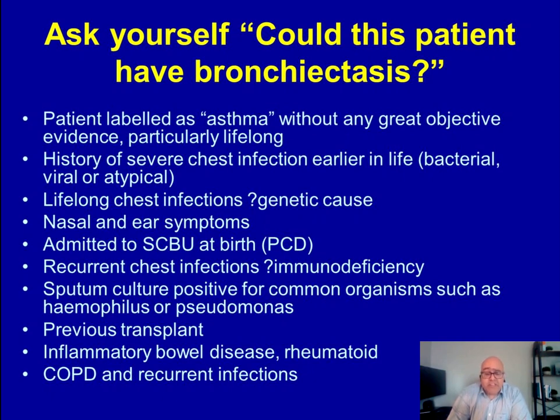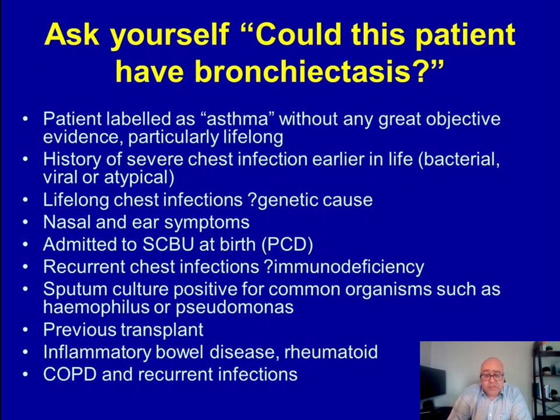We should think about bronchiectasis in any patient that's had a history of severe chest infections early in life, in patients with lifelong chest infections, in patients with nasal or ear symptoms, any patient that gives a history of respiratory distress as a neonate, being admitted to the special care baby unit, any patient with recurrent chest infections or other system infections as well, pointing towards some sort of immunodeficiency potentially.